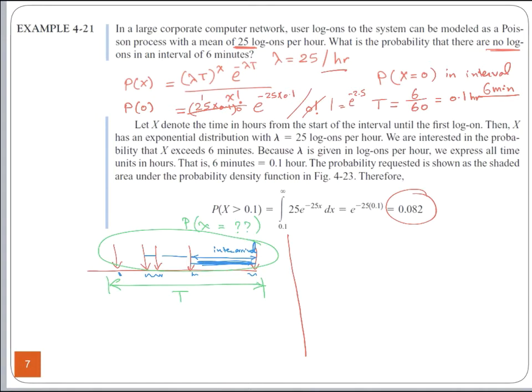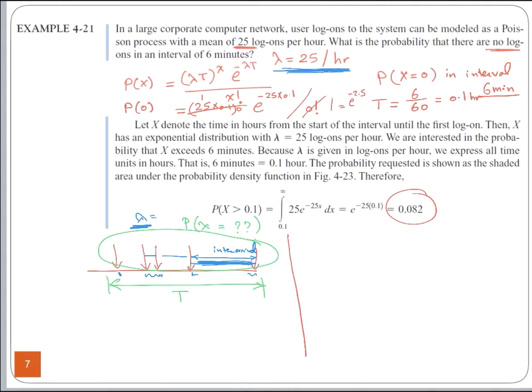Now remember that for the Poisson, the only parameter that you know is lambda, the average number of arrivals in a particular interval. Then this same lambda of the Poisson is the lambda that you use for the exponential distribution. So that's the relation between the Poisson and the exponential random variable.